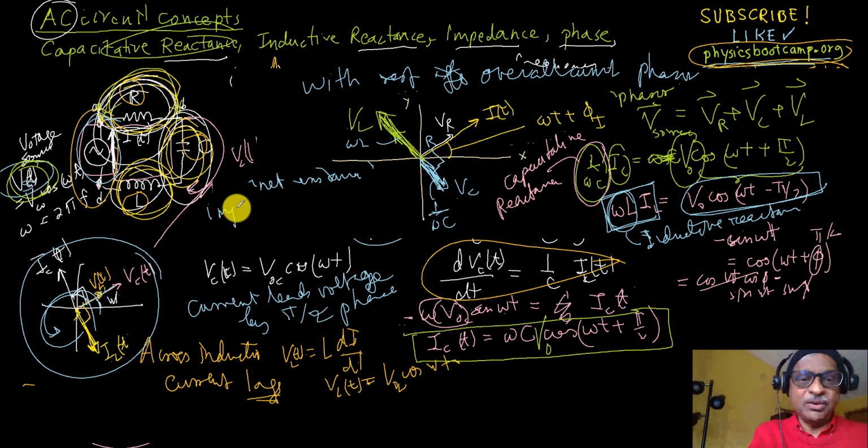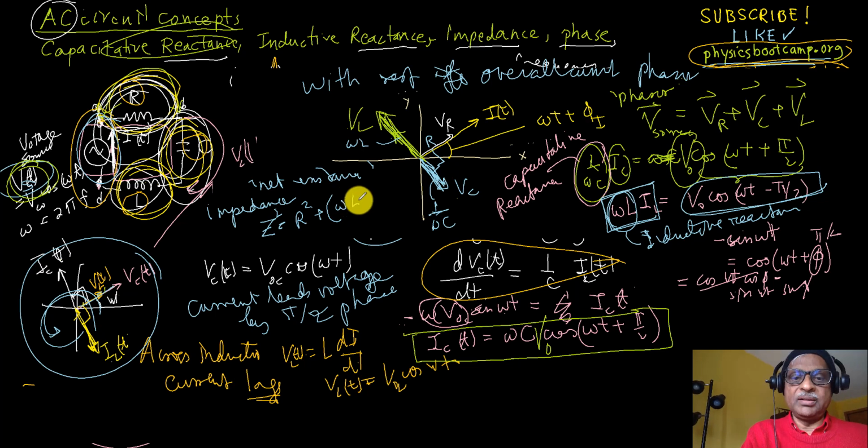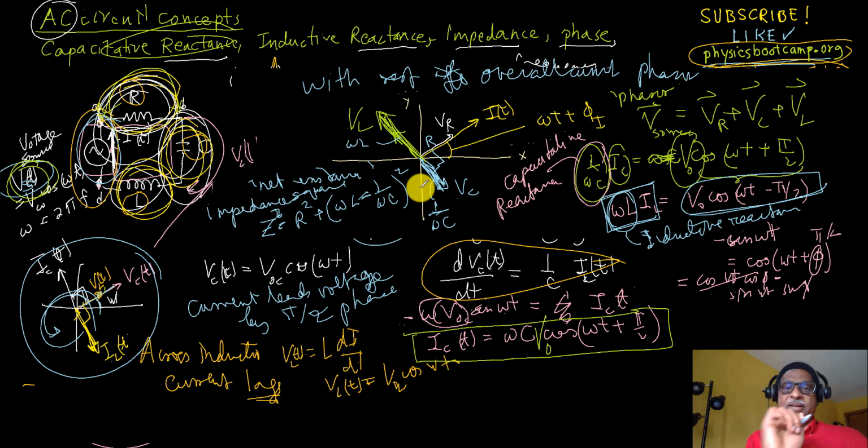This is not the full definition of impedance, but we will use this definition, usually denoted by the letter Z. Z squared will be R squared plus omega L minus 1 over omega C, all squared. So impedance squared is defined as this for this circuit.